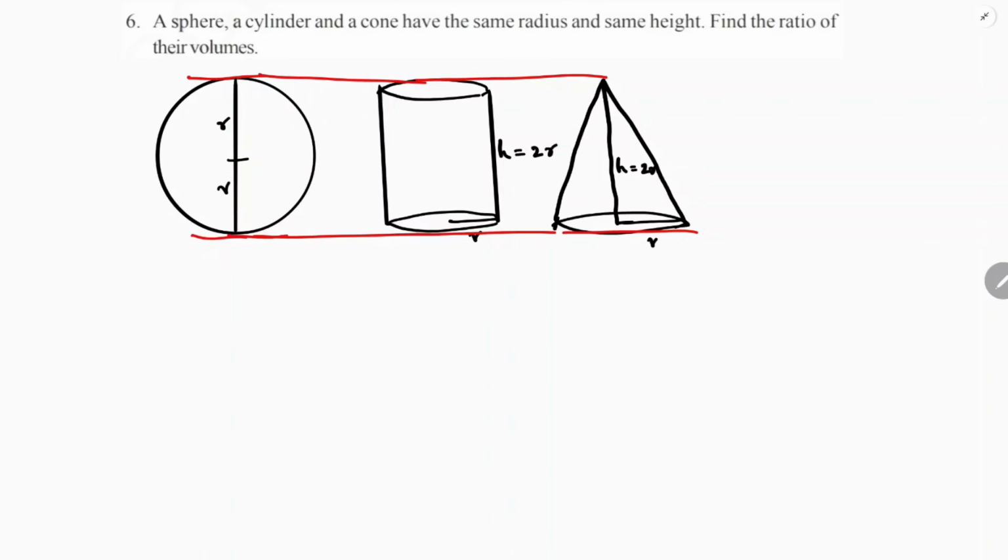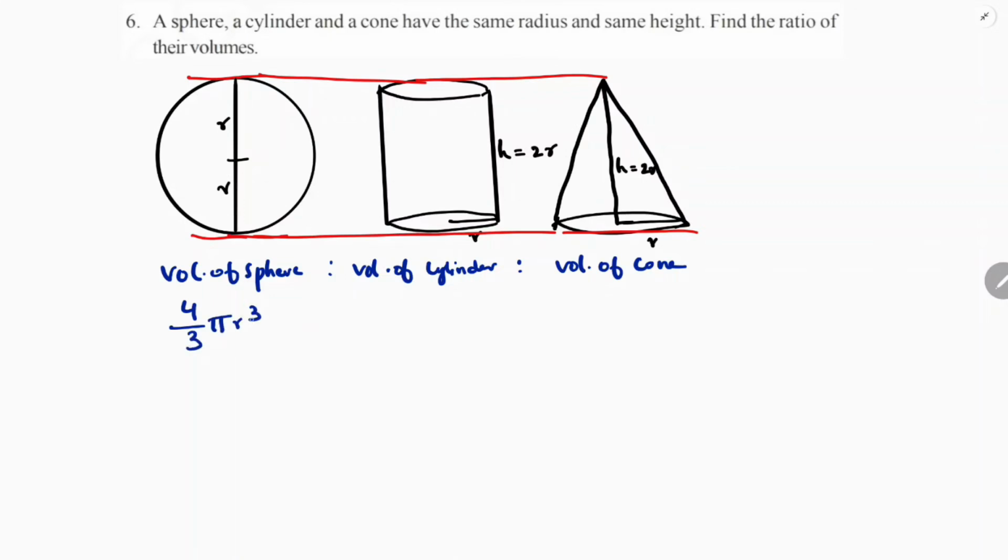So ratio of the volume. Volume of sphere, volume of cylinder and volume of cone. Volume of sphere is 4 by 3 pi r cube. This is pi r square h. And volume of cone is 1 by 3 pi r square h. 4 by 3 pi r cube.